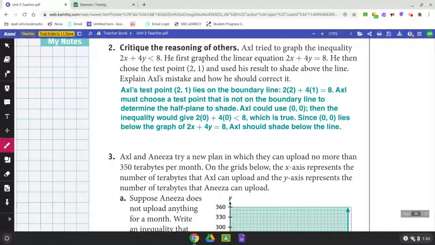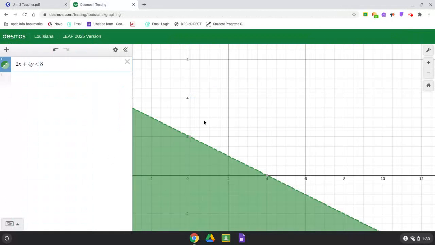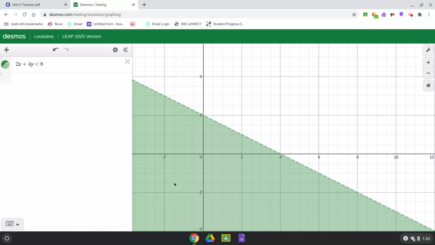So Axel must choose a test point that is not on the boundary line to determine the half plane to shade. Axel could use the origin, of course, 0, 0. Then the inequality would give 2(0) plus 4(0) is less than 8, which is true because 0 is less than 8. So since the origin lies below the graph of 2x plus 4y equals 8, Axel should shade below the dotted line. And if you use Desmos, you'll see that Desmos graphs below the dotted line.